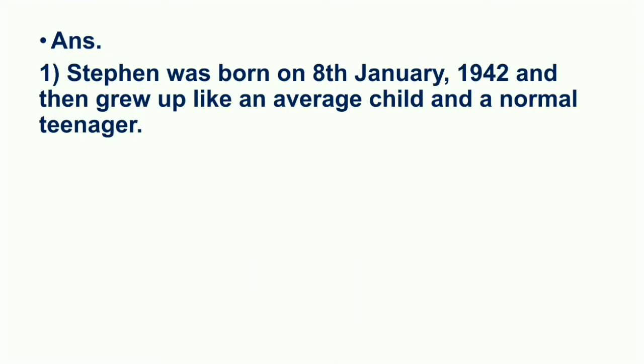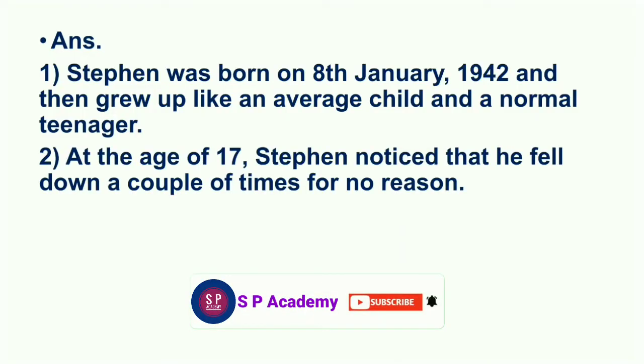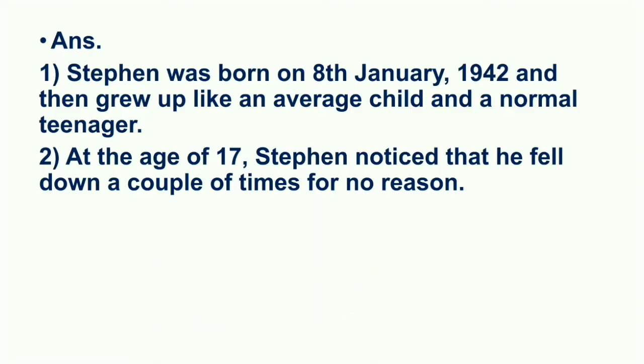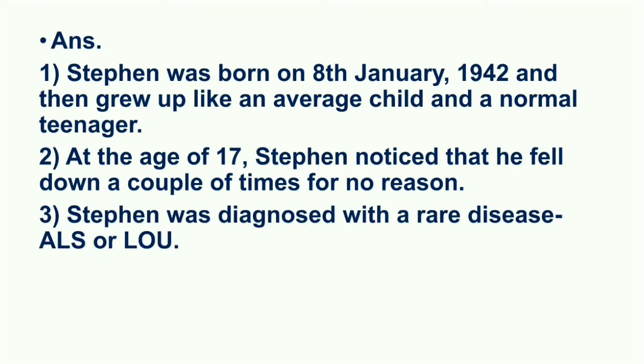Stephen was born on 8th January 1942 and then grew up like an average child and a normal teenager. 2. At the age of 17, Stephen noticed that he fell down a couple of times for no reason. 3. Stephen was diagnosed with a rare disease, ALS or Lou Gehrig's disease.